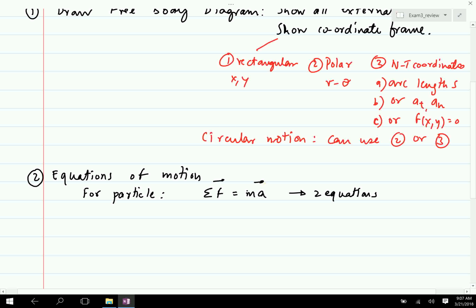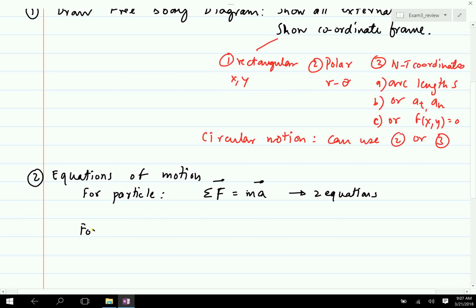The reason I wrote it as two equations and a vector is because depending on your coordinate frame, if it is rectangular coordinates, then this will be Fx equals mass times acceleration x. Fy equals mass times acceleration y. So two equations. If it is n-t coordinates, it will be Fn equals mass times a_n and Ft equals mass times a_t, and so on and so forth, right? So you'll have two equations from that.